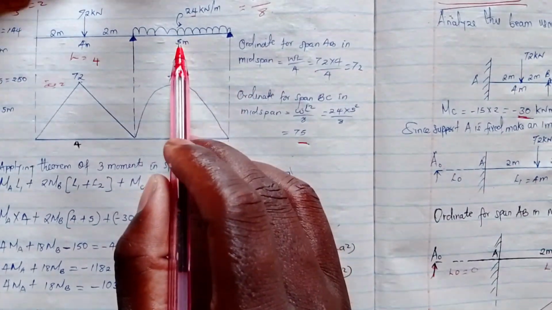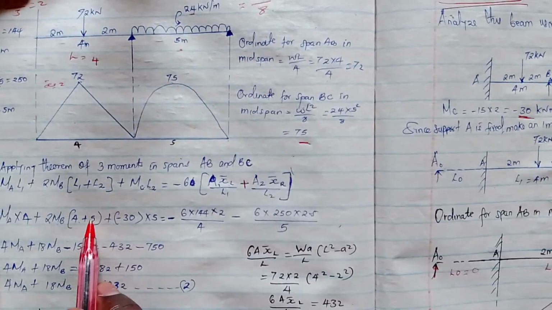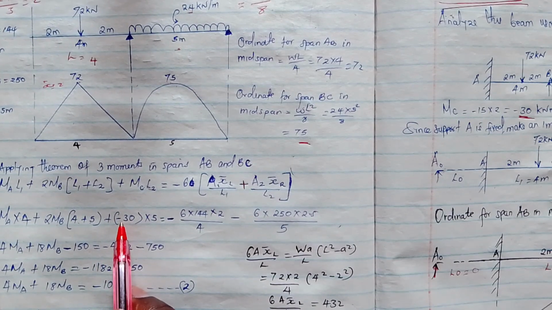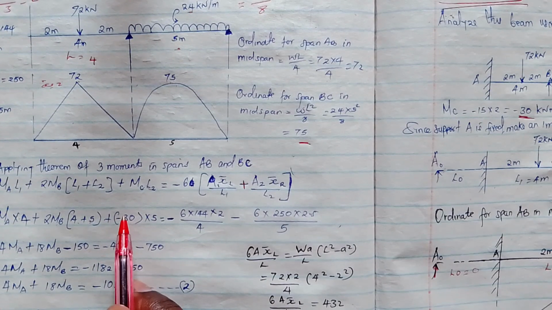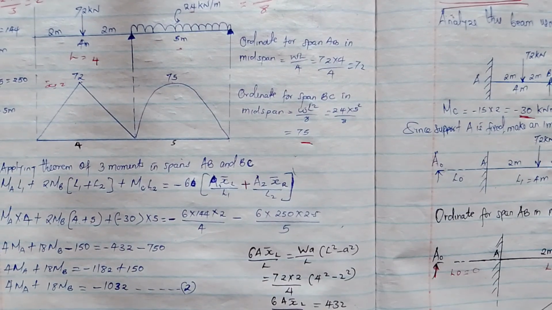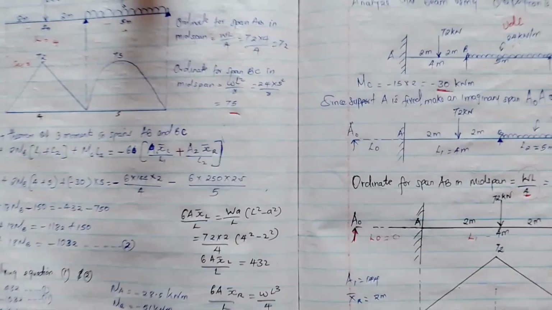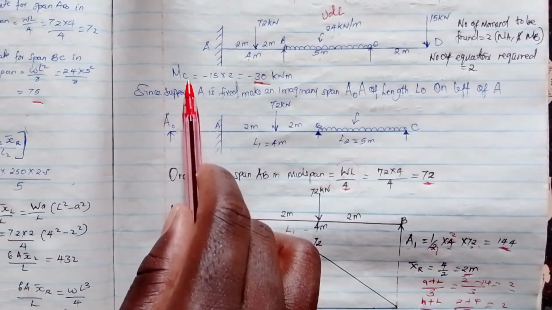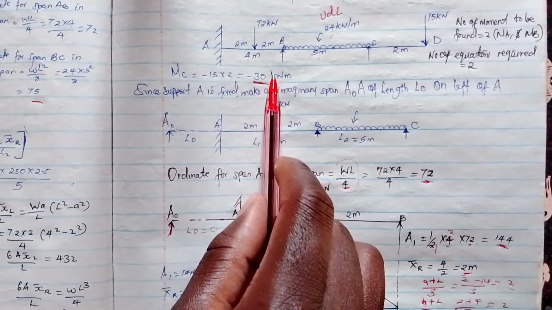Then plus MC, which is negative 30, because you can remember we go to that here.